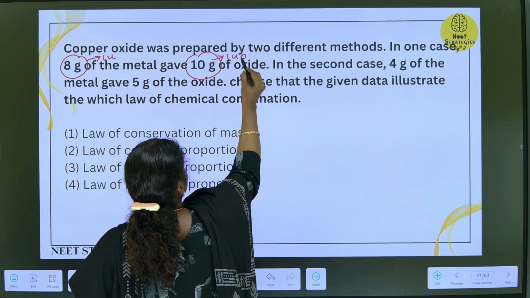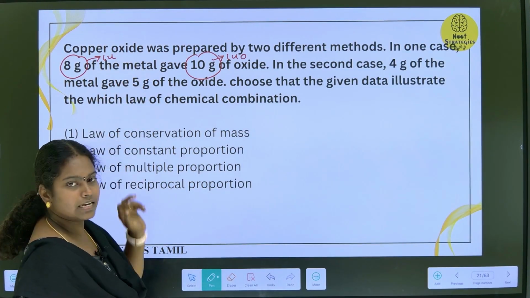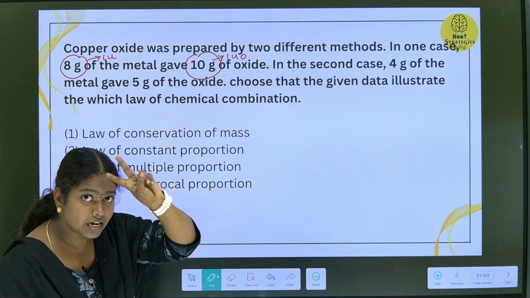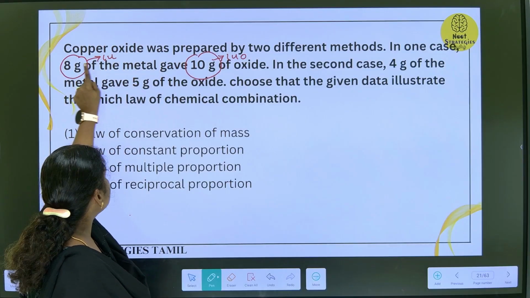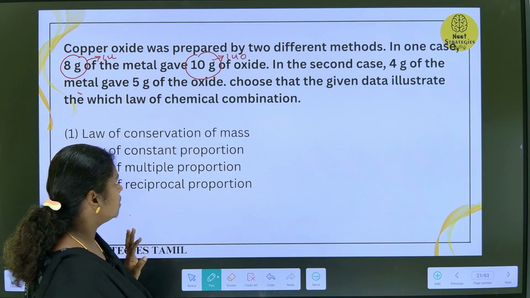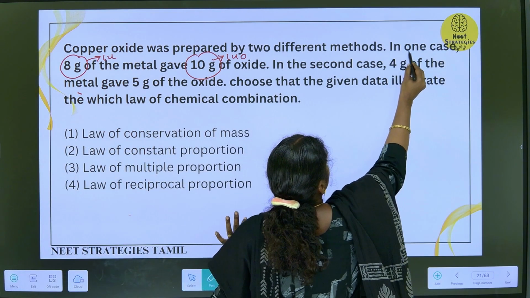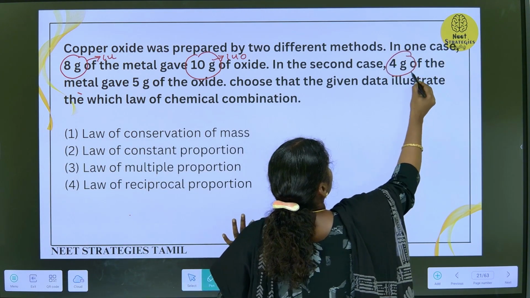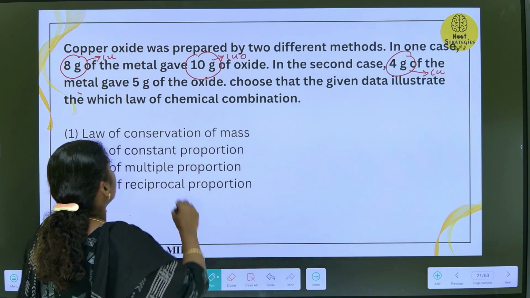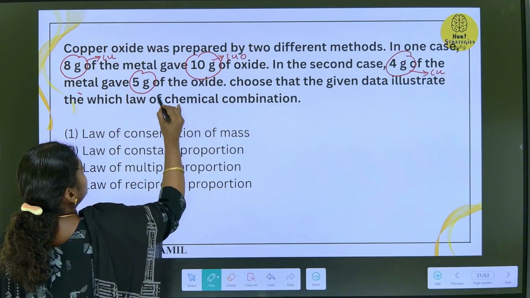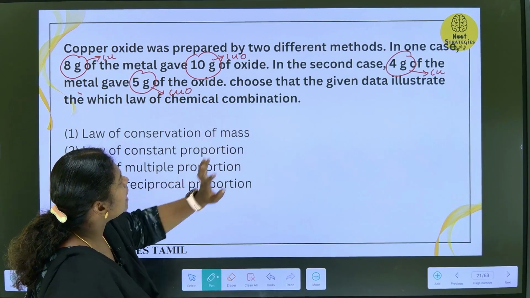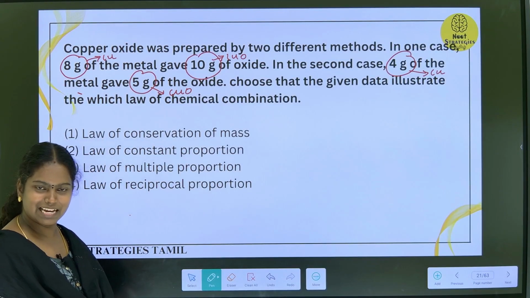In the second case, 4 gram of metal, that is 4 gram of copper, gave 5 gram of copper oxide. Illustrate which law of combination this follows.